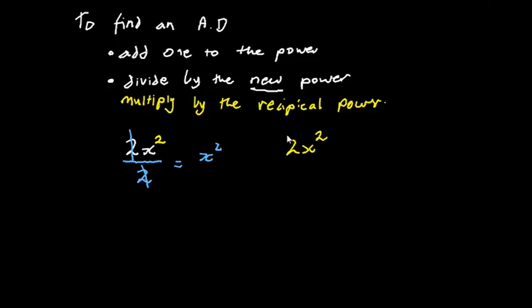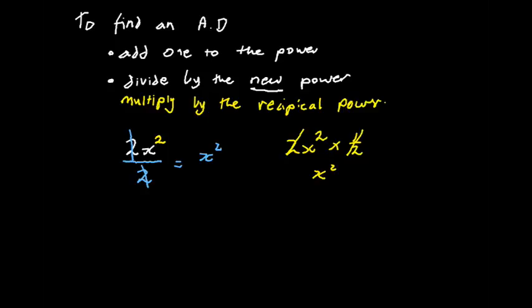But instead of dividing by 2, I might just multiply it by a half. It does the same thing. Sometimes it's easier to do that, gets the same answer. So two different ways, up to you what you think works best. So that's essentially all we have to do. So add 1 to the power, divide by the new power.